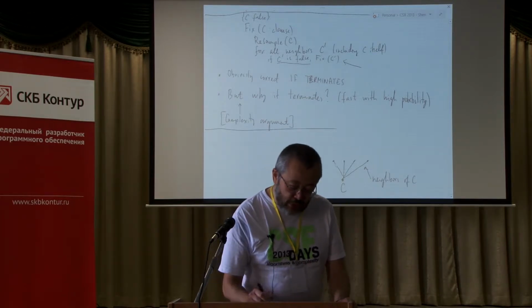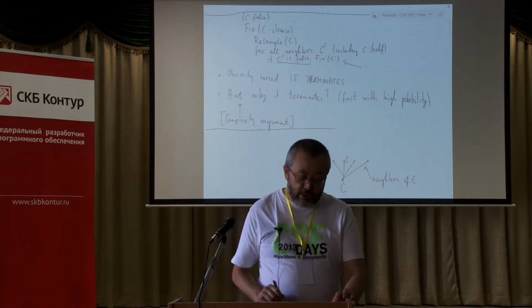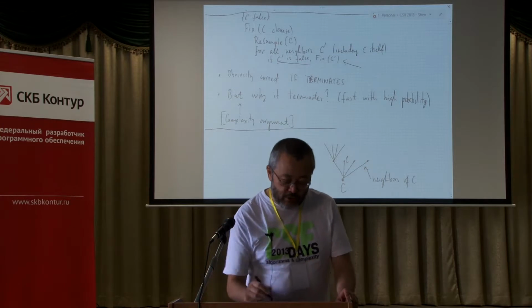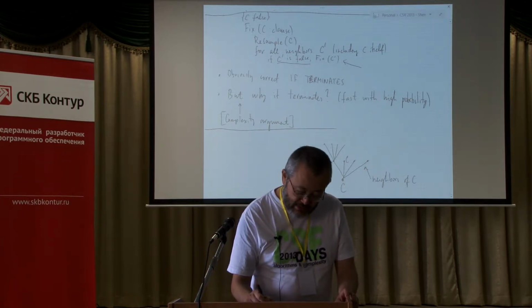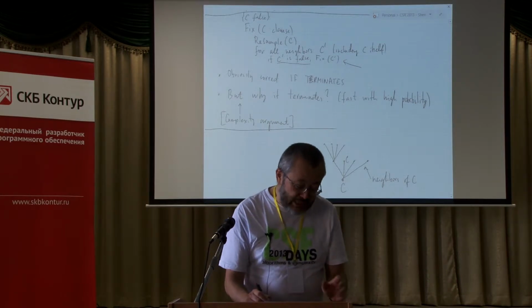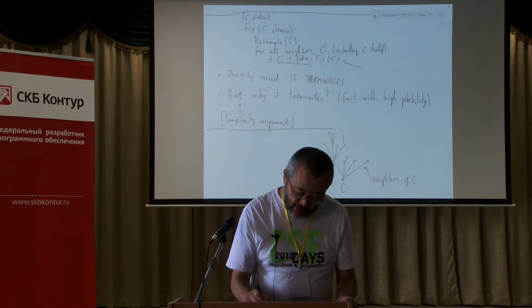And then for each of them, maybe including C itself, we also make recursive calls of the same procedure. So we call our procedure for some other neighbors. For some of them, maybe no other calls are needed if everything is satisfied. For others, we need to call something, and so on.